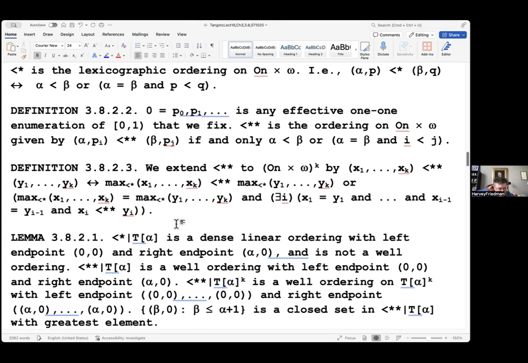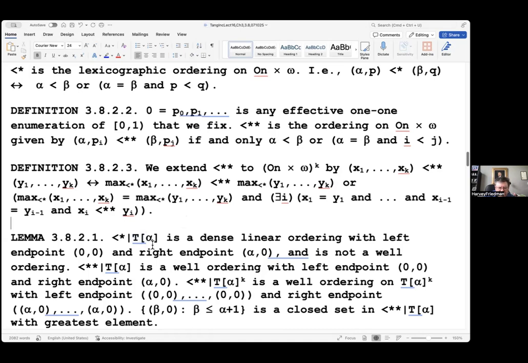All right, and now I like to use the slash notation, so less than star slash T alpha. This lemma fixes all the notions, because if you read this lemma and it makes sense to you, you actually know all the definitions. So this is a dense linear ordering.